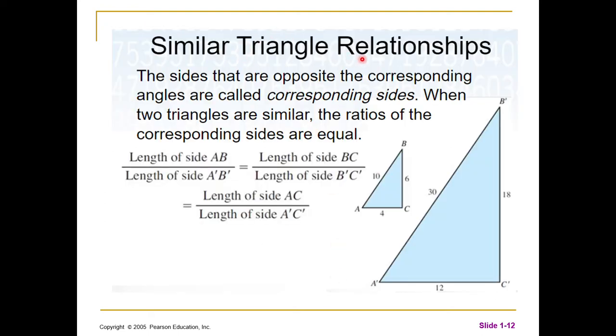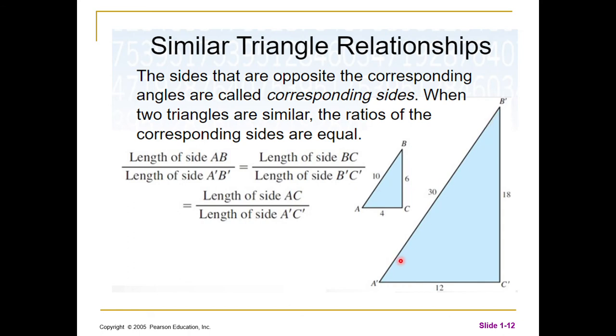Similar triangle relationship. So the sides that are opposite their corresponding angles are called corresponding sides. So when two triangles are similar, the ratios of the corresponding sides are equal. For we have length of the side AB over the length of side A prime B prime, di ba?